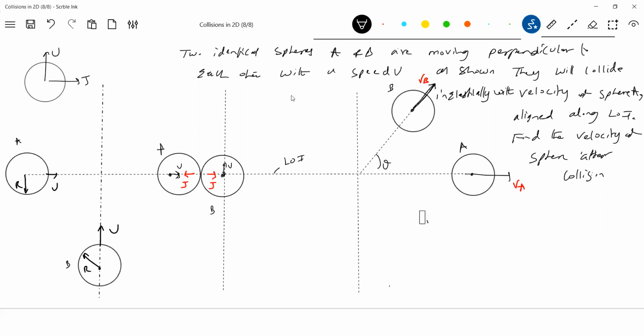So I'll directly write the set of equations. Initial momentum equals final momentum. Both are of the same mass. If you want, you can take different masses M1, M2, but let me pick the same mass here. So mu = mVA + mVB cos theta.